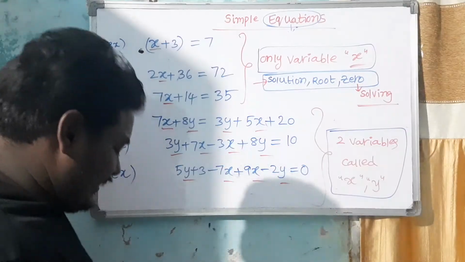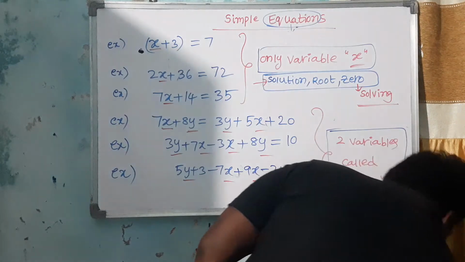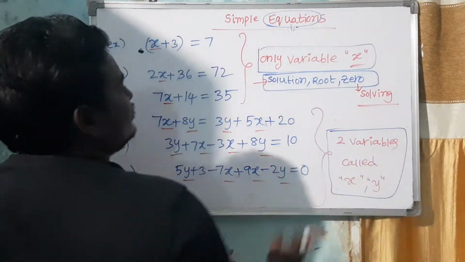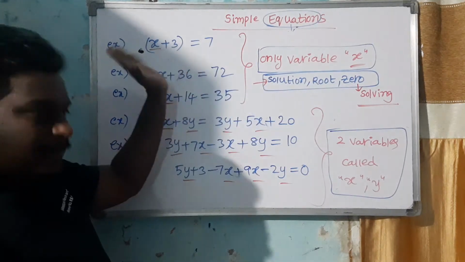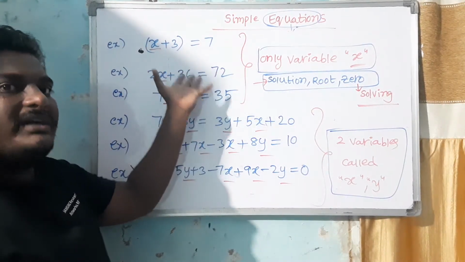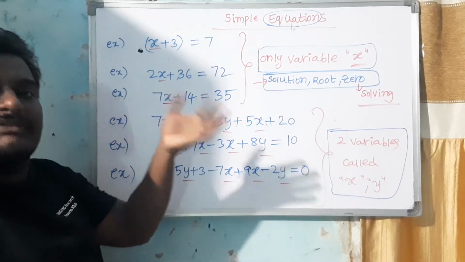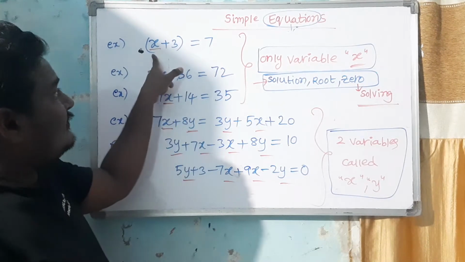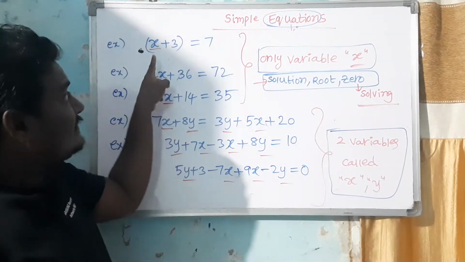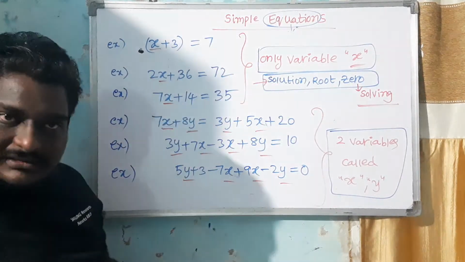Solution, root or zero means, generally, for a problem, what is the remedy? If you have a problem, what is the remedy? That is called the solution. So what is the remedy for x? That is the solution.